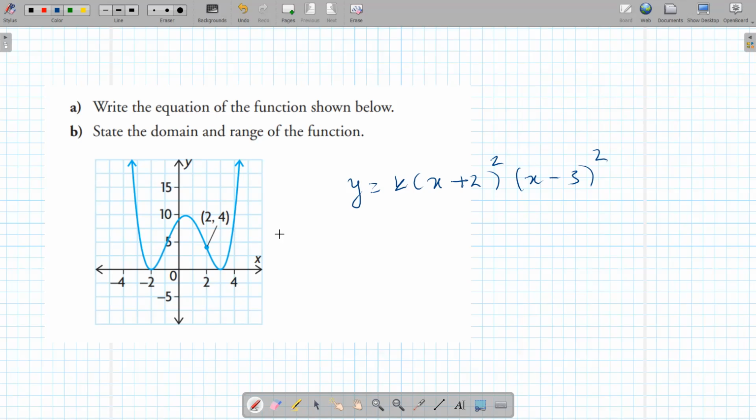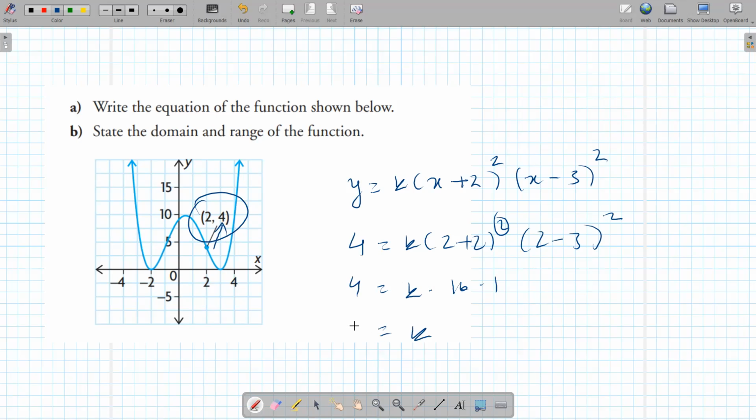So when x is 2, what's the y value? See, that's the point. When x is 2, what's the y value? 4. Okay? So you have k times 2 plus 2 is 4. 4 squared is 16. Negative 1 squared is just 1, equals 4. So k is 4 over 16, which reduces to 1 over 4. Do you see how we got that?